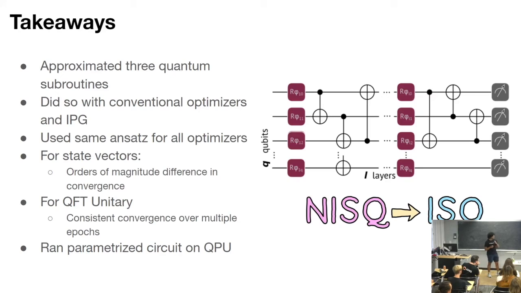Our results were that for state vectors, we found an orders of magnitude difference in convergence with IPG compared to other traditionally used optimizers. And for the unitary itself, we found that it converged consistently over multiple epochs, even though its best convergence was not the fastest. And then we took our parameters and evaluated their performance on an actual QPU.